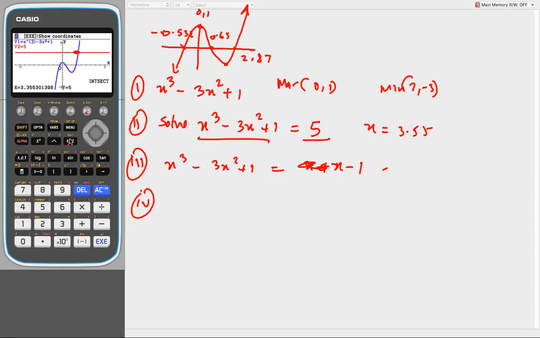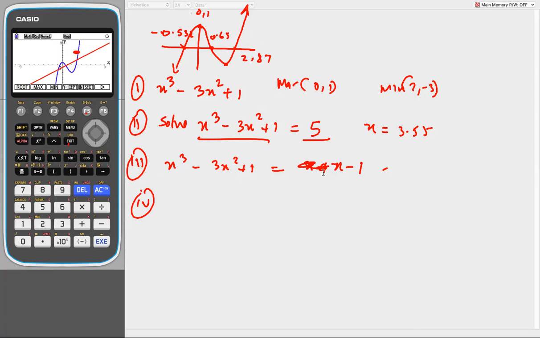Now, the second thing they can ask you is, let's say, x cubed minus 3x squared plus 1 equals x minus 1. So I draw the x minus 1 line. When you draw it here, you can see that it cuts at 3 points now. So now you press G solve, intersect.